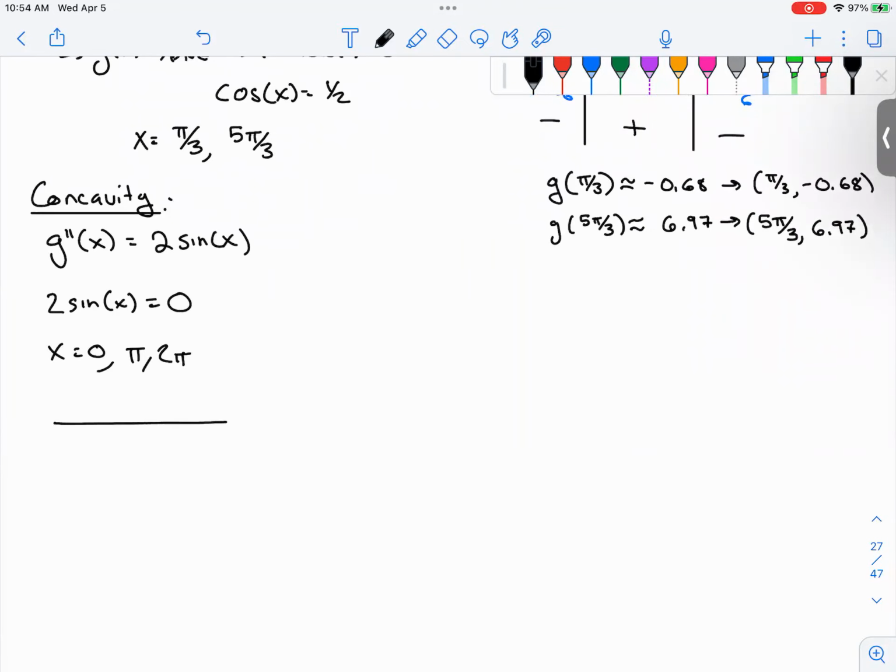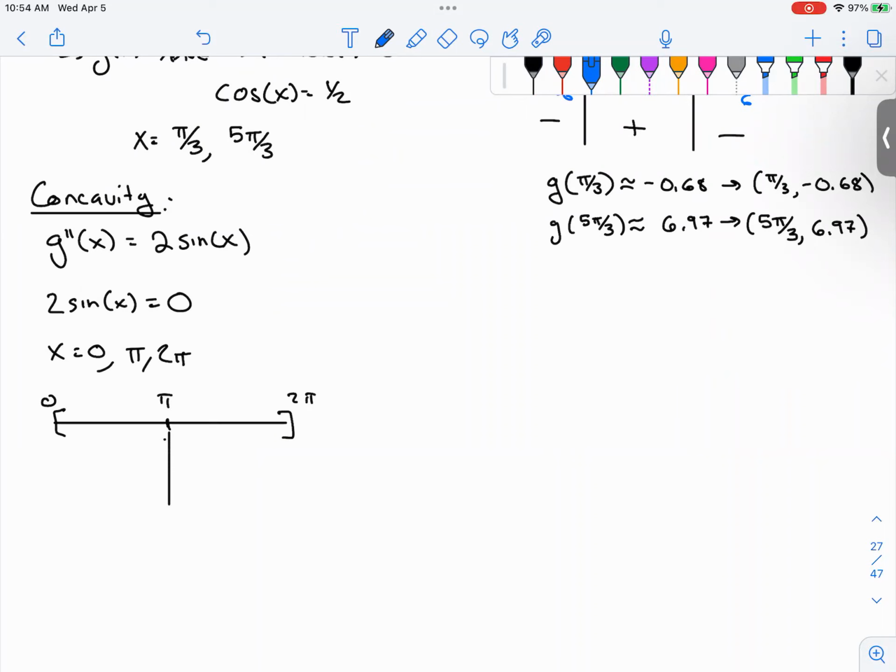So we'll set up our sine chart. Once again, stopping at 0 and 2 pi, and the only thing in between is pi. We can pick any number less than pi and any number greater than pi.